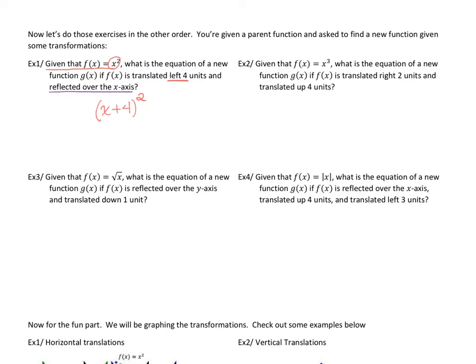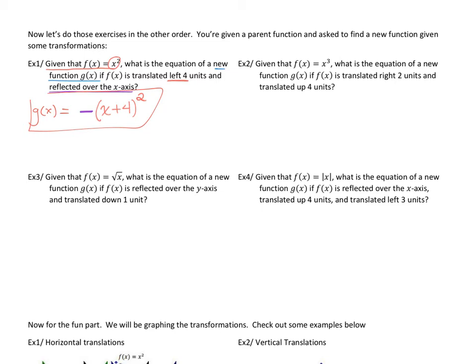So what that does is it tells you to put a negative in front of the entire thing. And so now we can just say that this equals g of x, the new function. So we were finding a new function, g of x. So that's it. This is your answer.